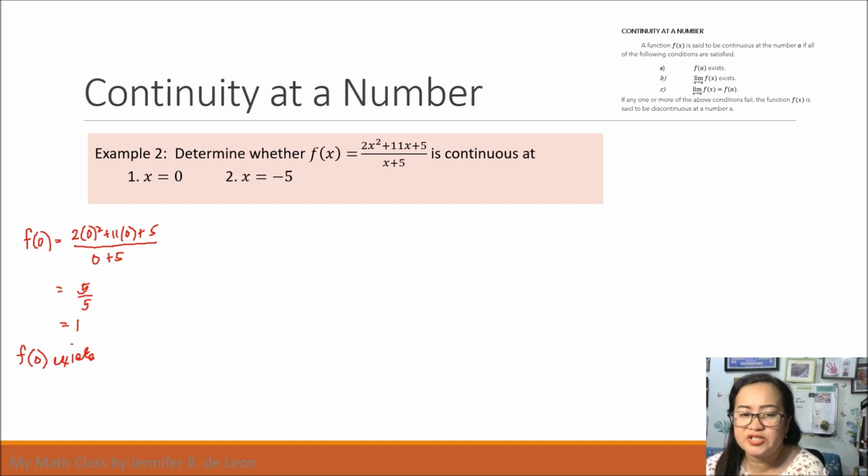Now let's have the second condition. We have to determine whether the limit of f of x as x approaches a exists.